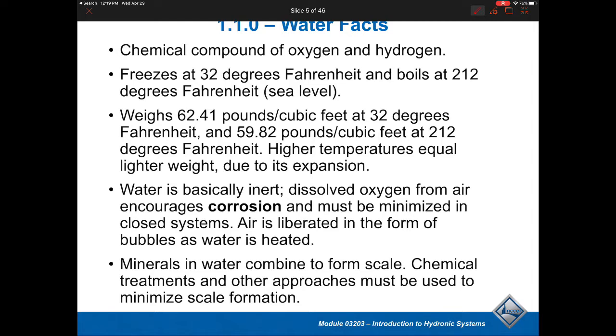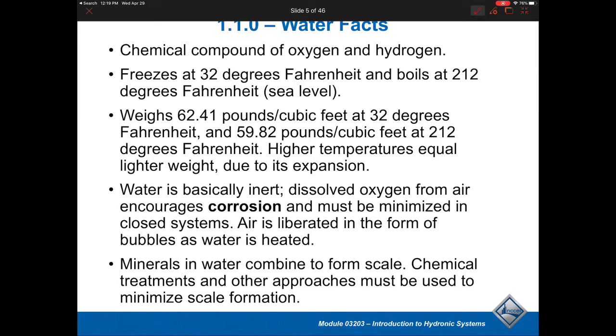Another area we're going to look at is that water has a weight of about 62.41 pounds per cubic foot. That's what we call its density, and that is standard density at roughly 32 degrees Fahrenheit. Now, what's interesting is that water has a different density at 212 degrees Fahrenheit: it actually decreases.